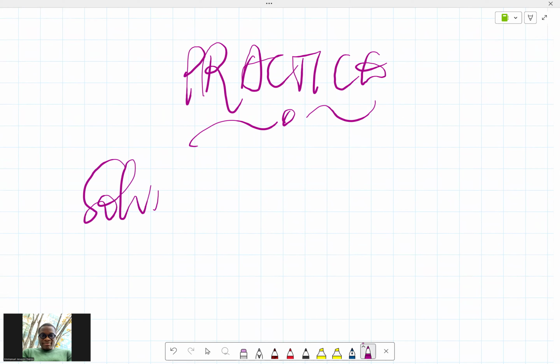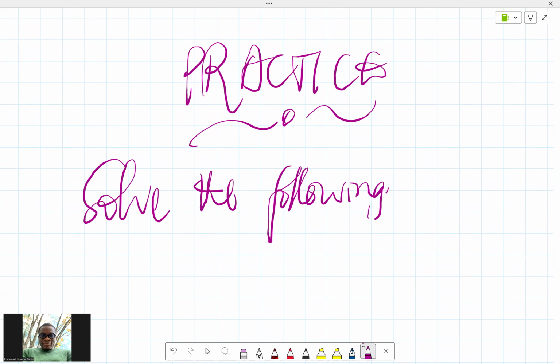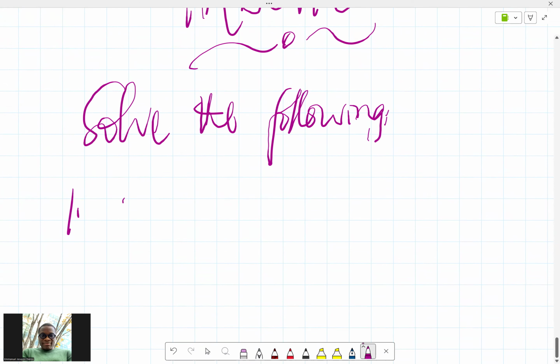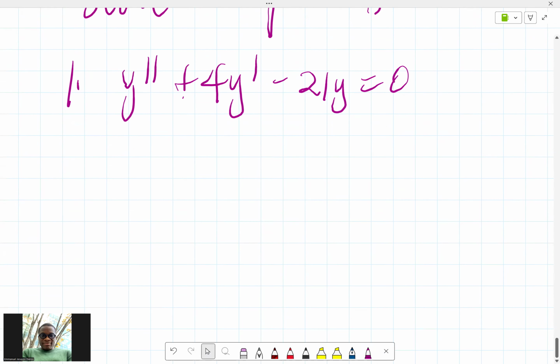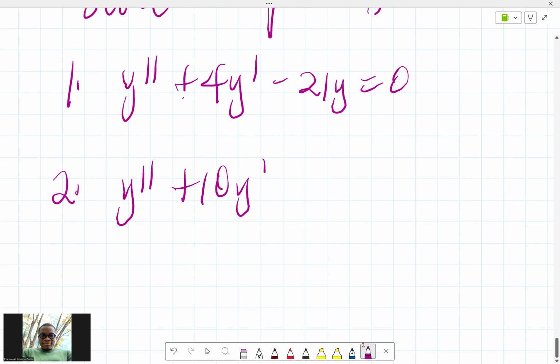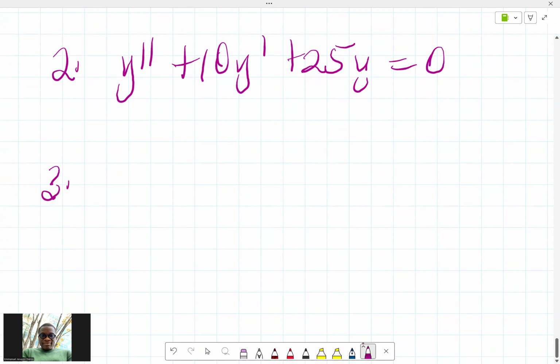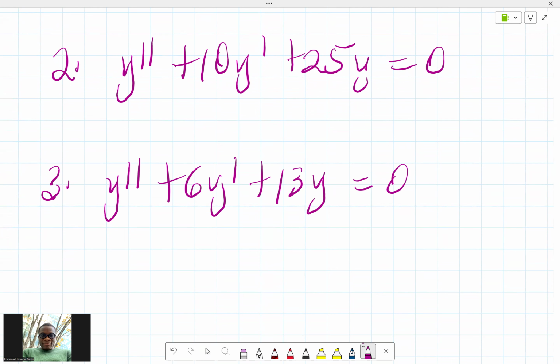Solve the following. 1, y prime prime plus 4y prime minus 21y equals 0. 2, y prime prime plus 10y prime plus 25y equals 0. 3, y prime prime plus 6y prime plus 13y equals 0.